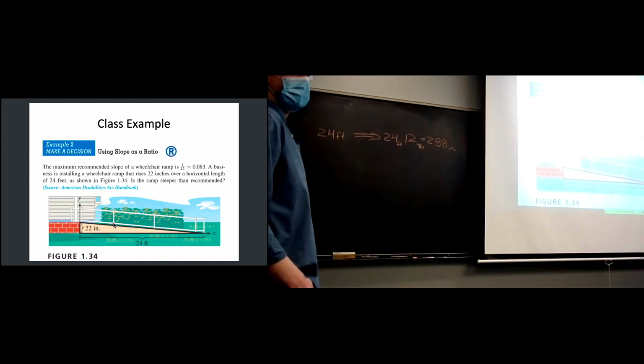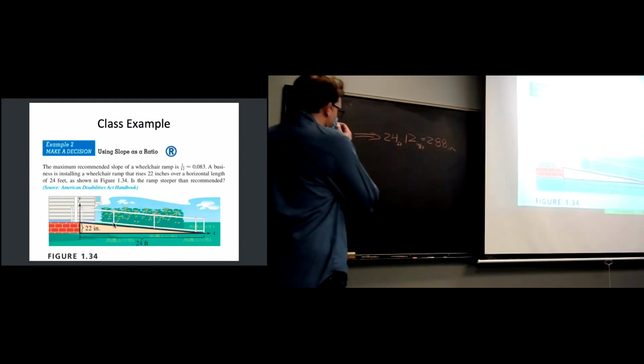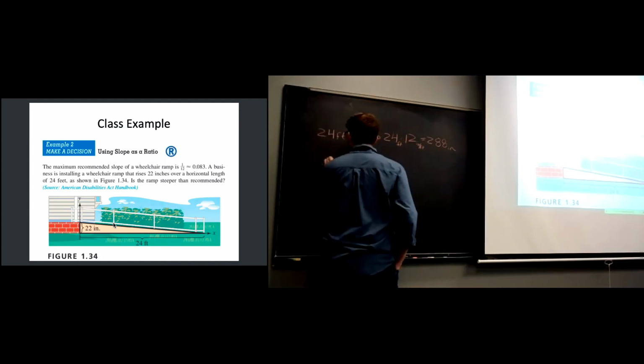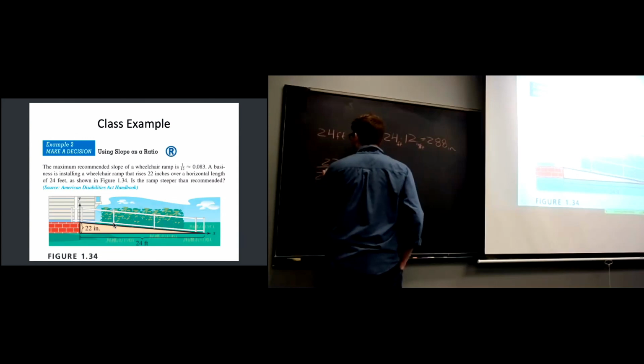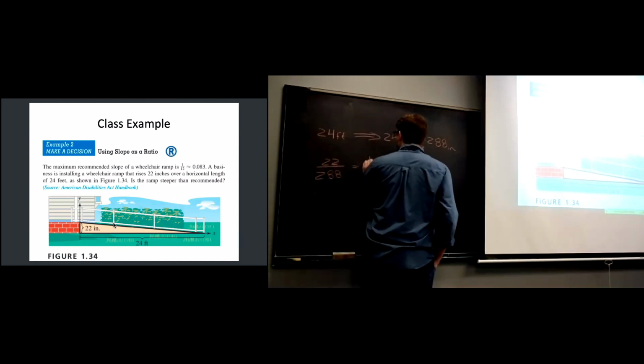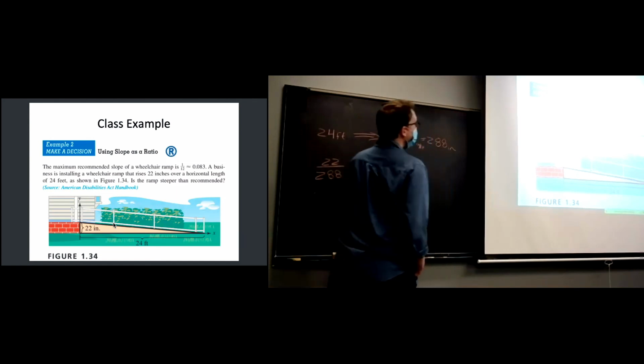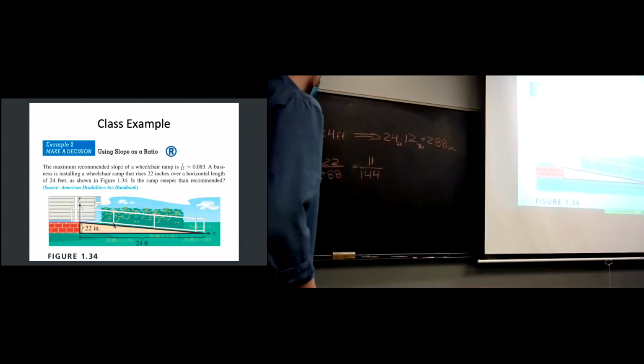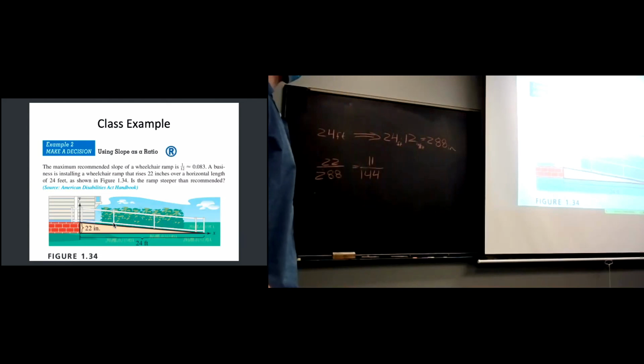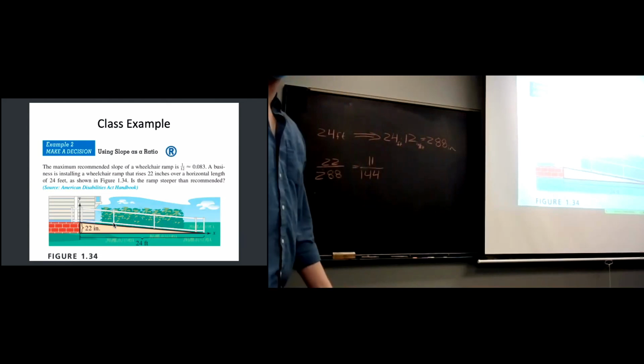Now, we're just going to want to divide the rise by the run. So that's going to be 22 divided by 288. So 11 over 144, which is less than 1 over 12, right?